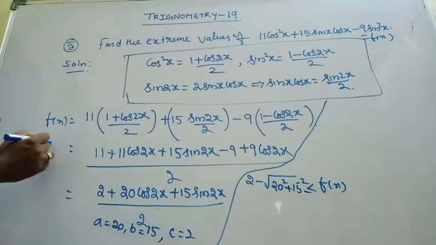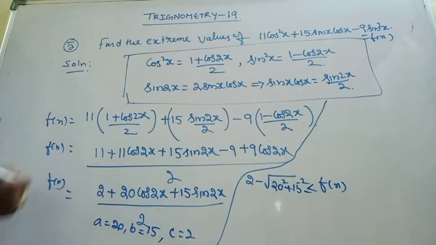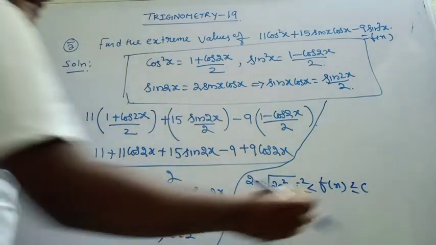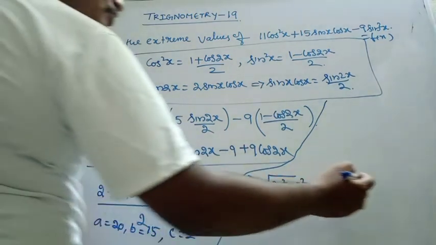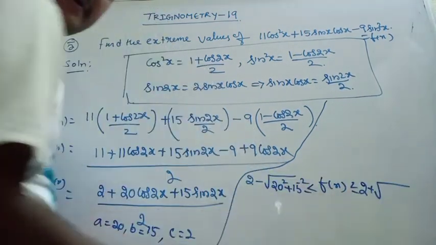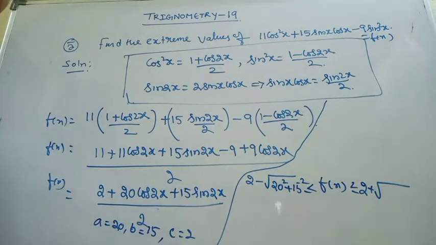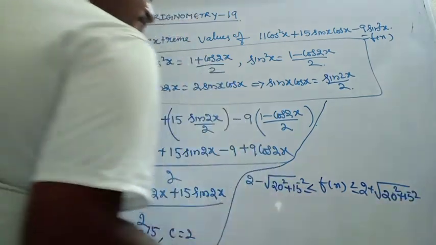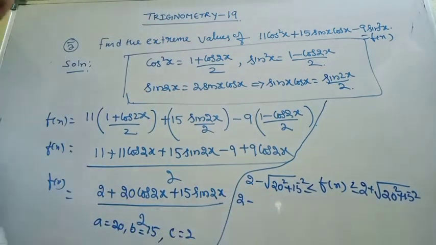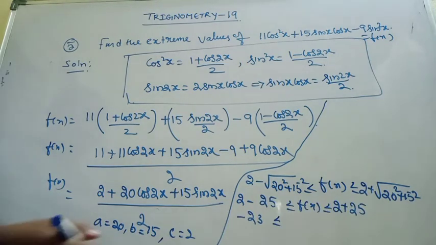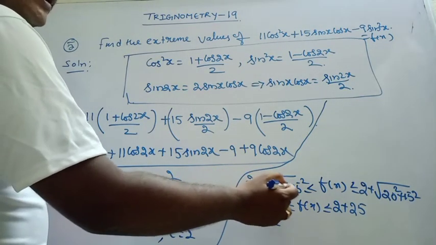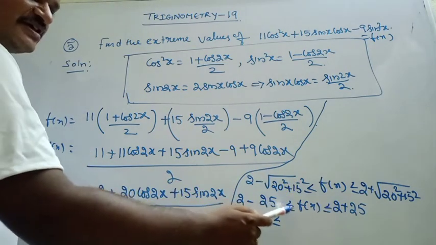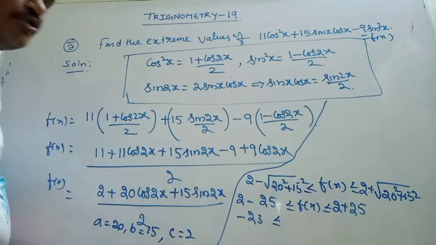This is f of x, lesser than or equal to C plus root over 20 square plus 15 square, where C is 2. Now let us calculate: root over 400 plus 225, that is 625. Root over 625 is nothing but 25. So 2 minus 25 is lesser than or equal to f of x, lesser than or equal to 2 plus 25.